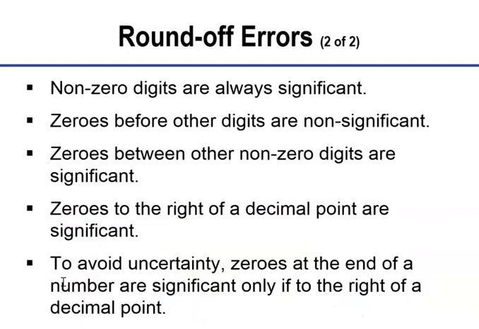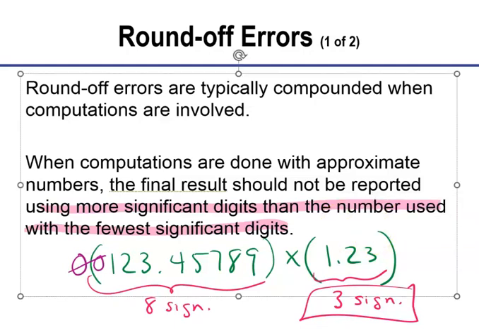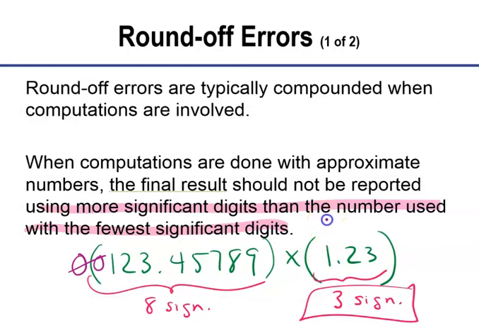Let's keep going. Zeros between other non-zero digits are significant digits. So for instance, if I had, instead on the other side over here, 1.023, which is really 1 and 23 thousandths, then that zero is significant, and this would now be 4 significant digits.